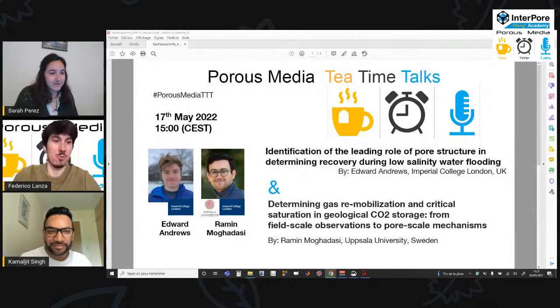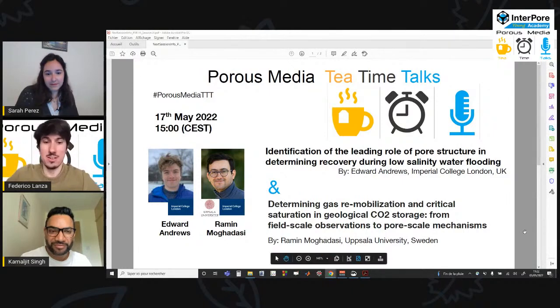So not different from what we've seen today, actually. The second presentation will be held by Ramin Mogadazi from Uppsala University in Sweden, and he will talk about the determination of gas remobilization and critical saturation in geological CO2 storage, from field scale observation to pore scale mechanisms. So again, the interplay between the pore scale and the macroscopic scale is important also for Ramin's presentation.